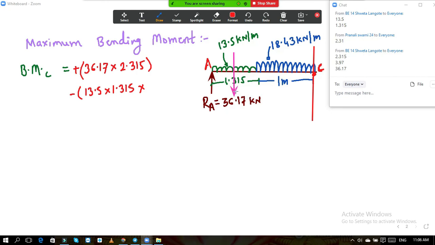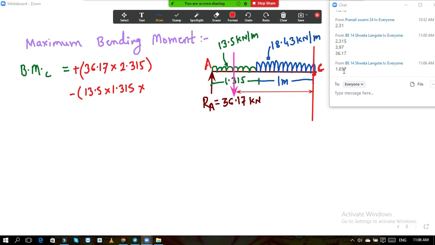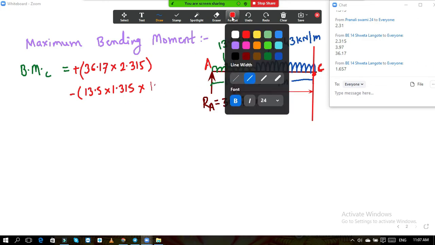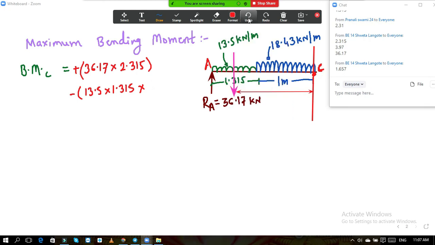This distance will be 1 plus 1.315 divided by 2, which is 1.657. This is the distance.